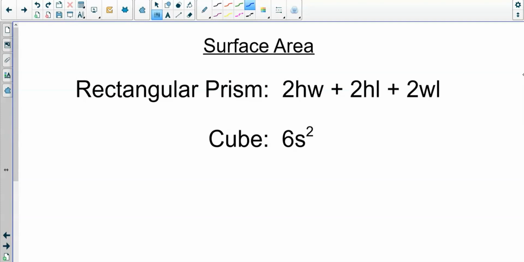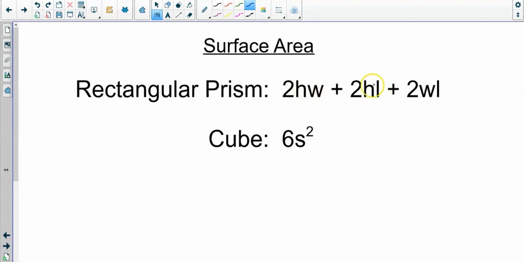When you look at a prism, you are actually finding the area of 6 sides, okay? And 2 of those sides match for every face. So that's what you see up here. There are 2 faces that are made up of the height and the width.